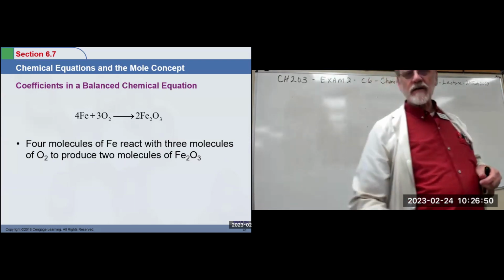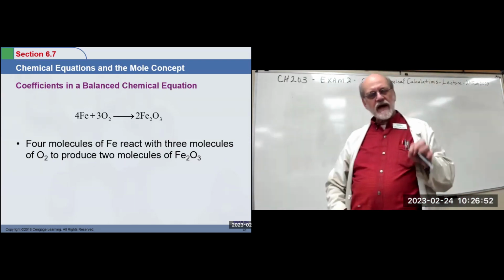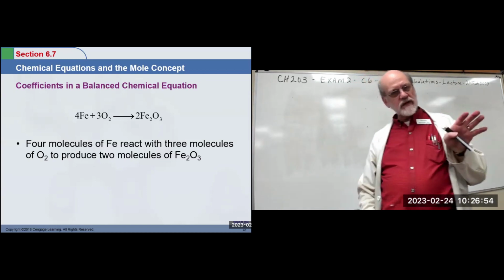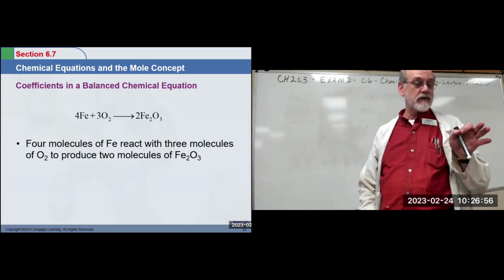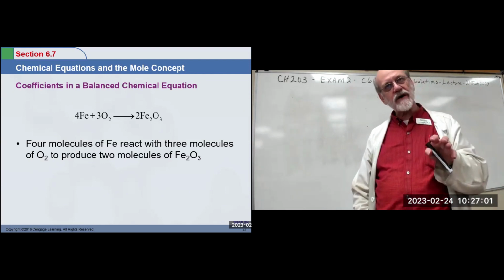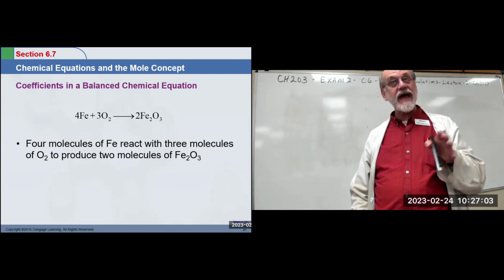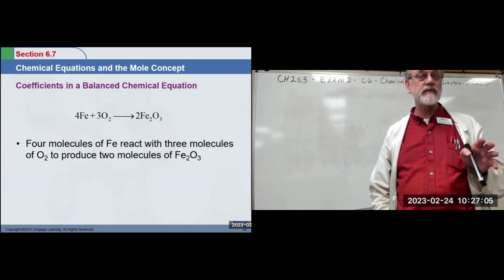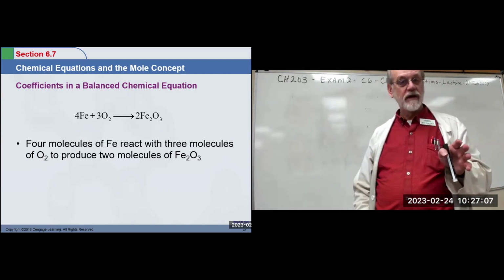So the meaning of these coefficients can be individual: it can be 4 moles of iron or 4 atoms of iron, combined with 3 moles of oxygen gas or 3 molecules of oxygen gas.